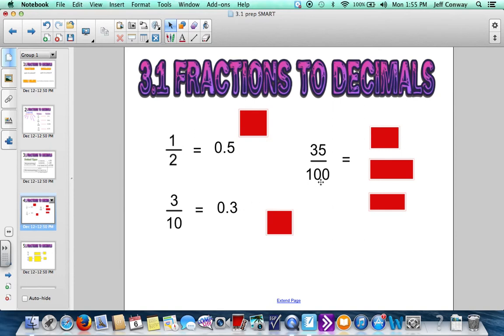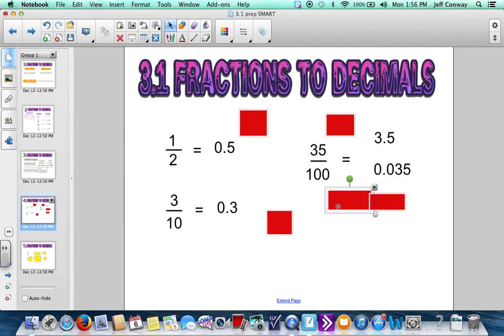35 over 100, 35 hundredths, again, would not be written as 3.5. Would not be written as 35 thousandths. Because it's 35 hundredths, it needs to end in the hundredths category.